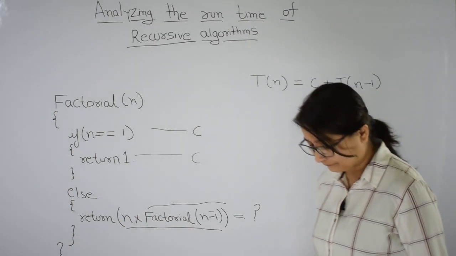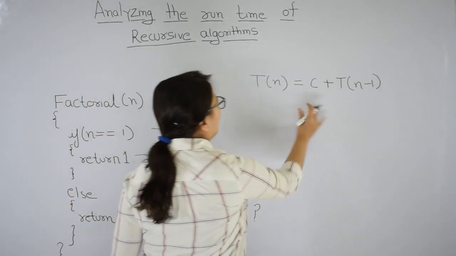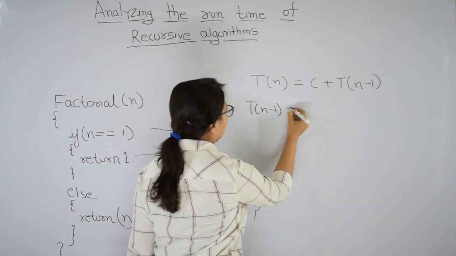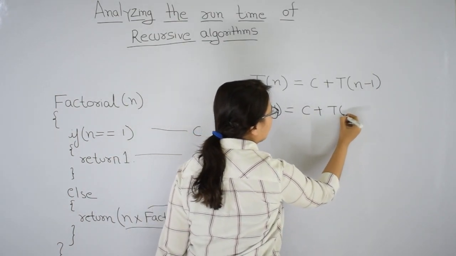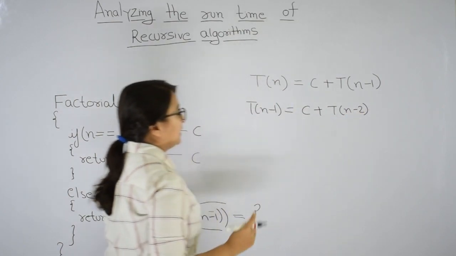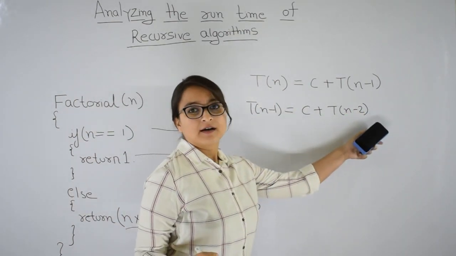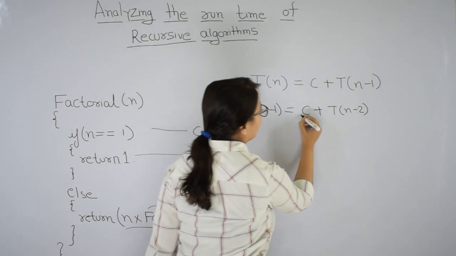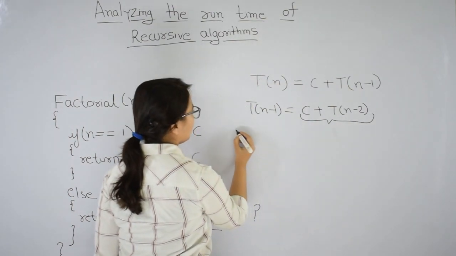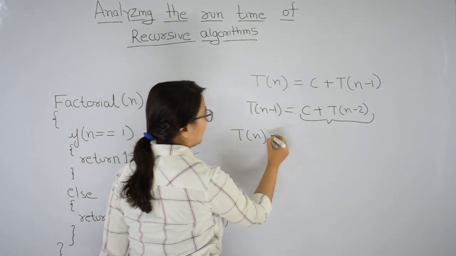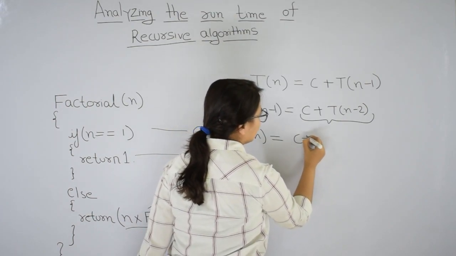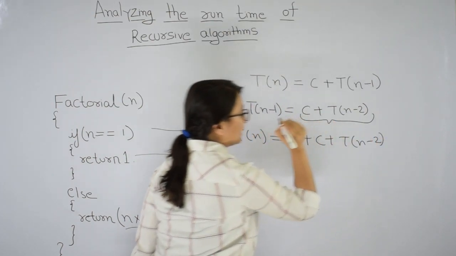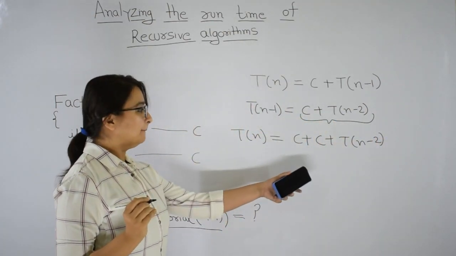What will be T(n minus 1)? T(n minus 1) will be c plus T(n minus 2), right? So we can substitute this value of T(n minus 1). T(n) is equal to c plus c plus T(n minus 2), right?